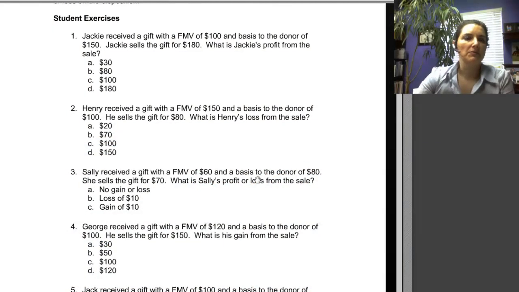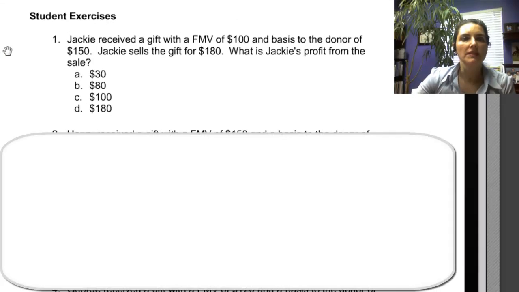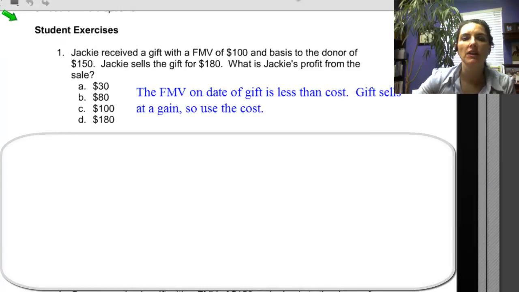So let's take a look at these problems, beginning with number 1. Jackie received a gift with a fair market value of $100 and a basis to the donor of $150. Jackie then sells the gift for $180. What is Jackie's profit from the sale? Well, because the fair market value on the date of the gift is less than the cost, we're going to go with the rule that says if the fair market value is less than the cost and the asset sells at a gain, you go with the cost.